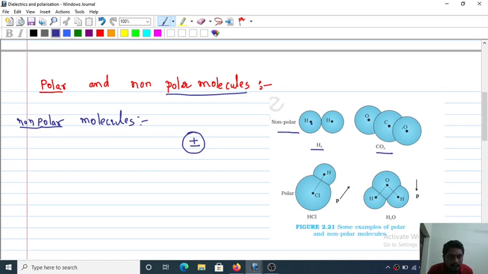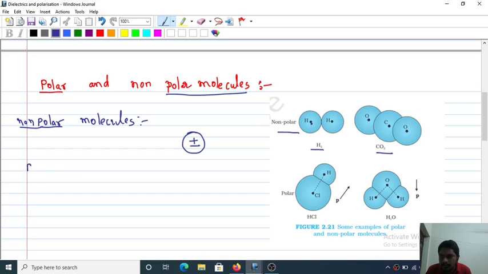Now look at carbon dioxide, CO2: the center of the oxygens lies at the carbon, and the center of the carbon also lies at the same point. Now, what happens in polar molecules?